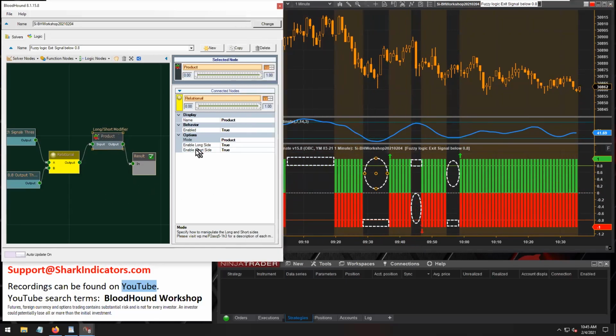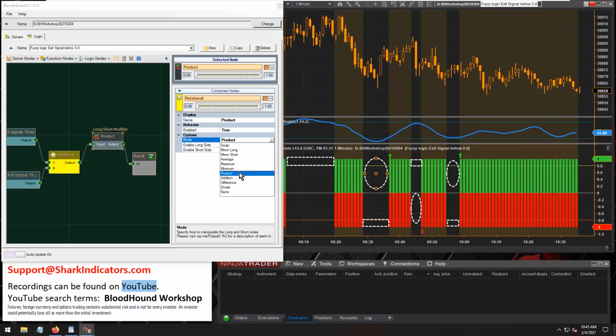And quite a few of the long short modifier modes do take the long and the short output and do a function together with them, right? Most of them do, such as the math ones. Because if you think about it, the long short modifier only has one input.